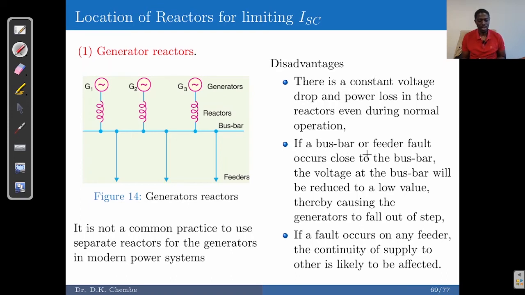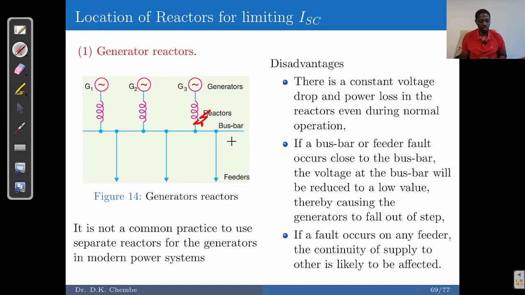And then if a bus bar feeder fault occurs close to the bus bar, the voltage at the bus bar will be reduced to a low value. So the voltage in the bus bar will be affected when there's a fault that is closer to the bus bar. For instance, if a fault occurs at this point, and then a fault occurs on a feeder, the continuity of supply to others is likely to be affected.